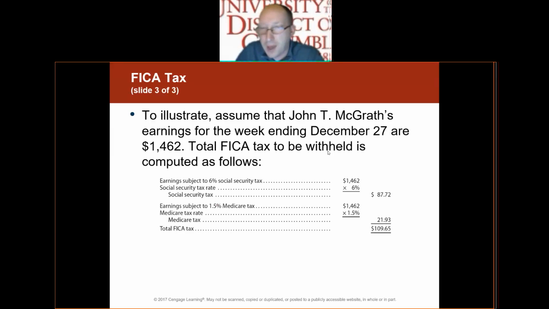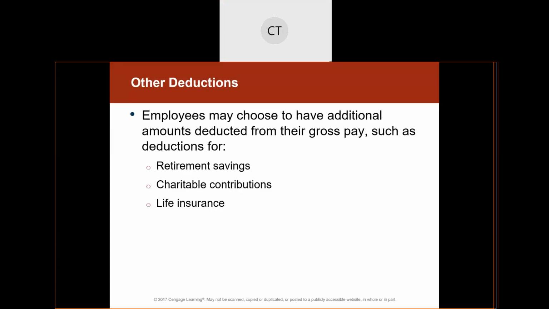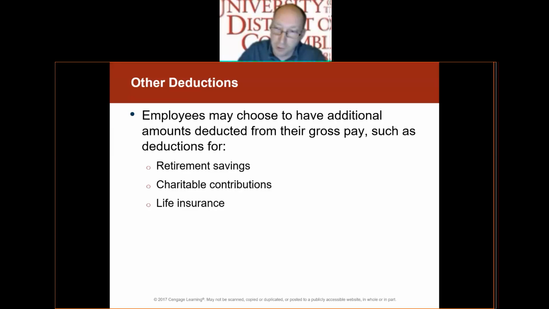So remember, net pay is the pay after taxes and deductions. You're on the right track. The reason I asked you that is because you'll see it again, I think it's on the homework or the quiz, right? It's $1,352.35. Yes, sir. That is correct. Very well done.